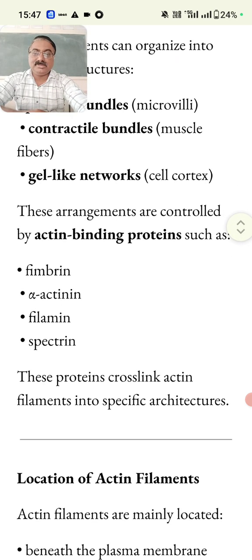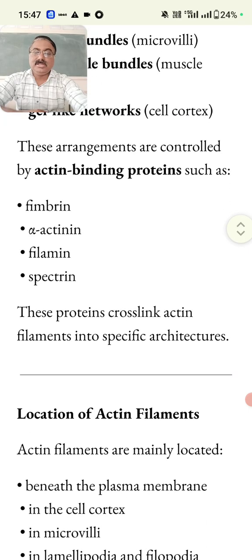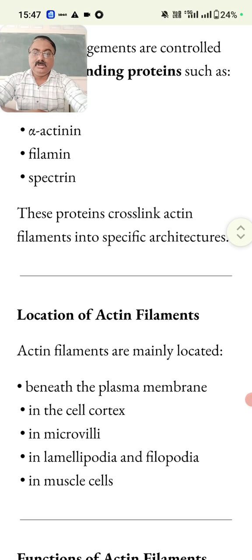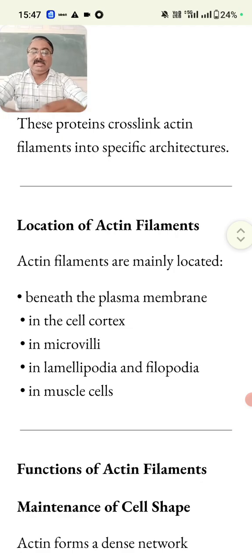These proteins cross-link actin filaments into specific architecture. Location of actin filaments. Actin filaments are mainly located beneath the plasma membrane in the cell cortex, that is the peripheral part, in microvilli, in lamellipodia and filopodia, and in muscle cells.